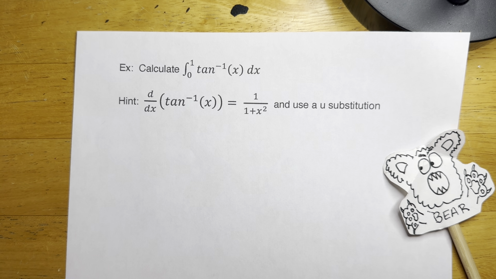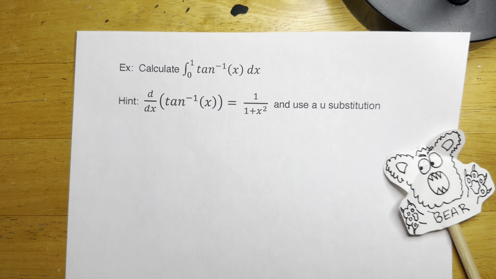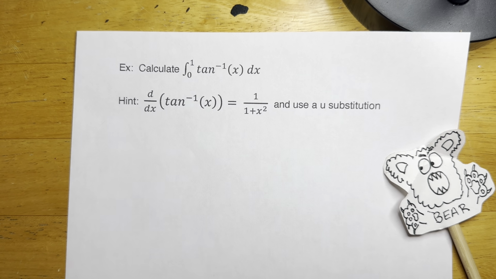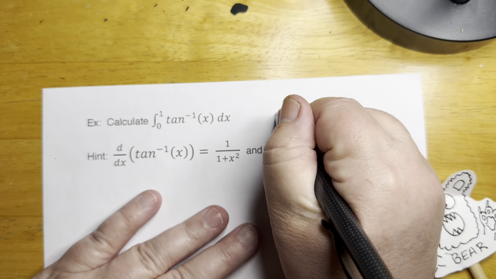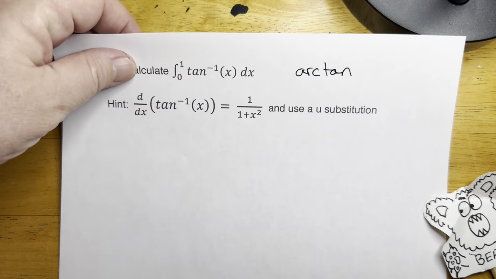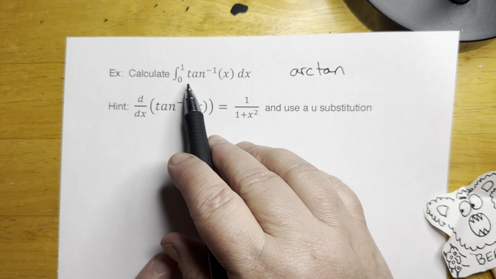Okay. First off, we need to talk about what the heck that thing is. So hopefully you recognize tangent. And even if you did not take a trig class recently, hopefully you remember that tangent is sine over cosine. The -1 means that this is arctangent. Arctangent means that it is the inverse tangent.